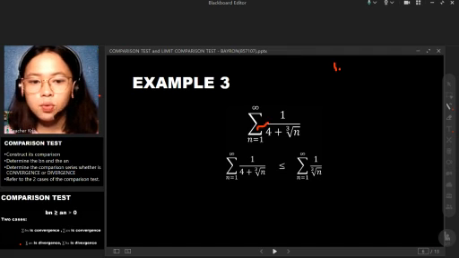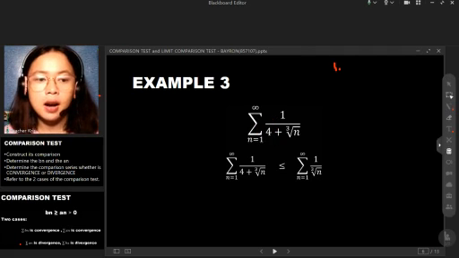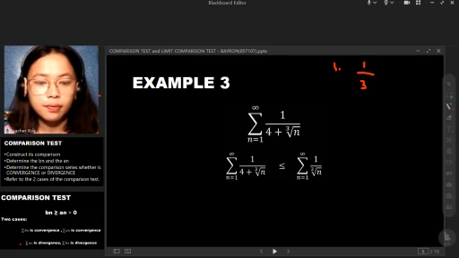So the biggest value was 4. So we're going to simply crush it out, and the remaining is 1 over the third radical n.